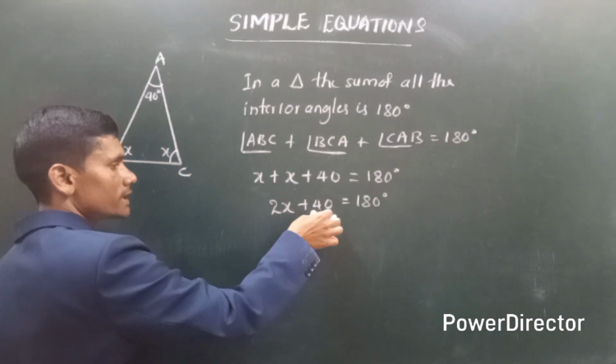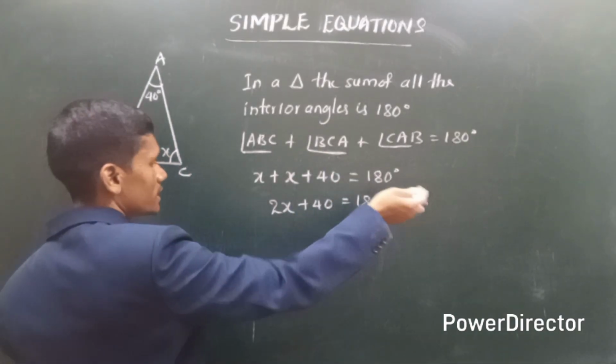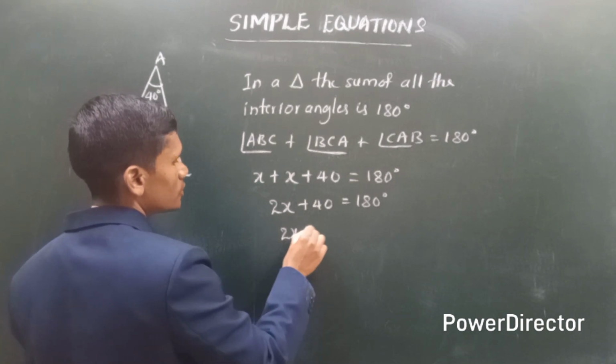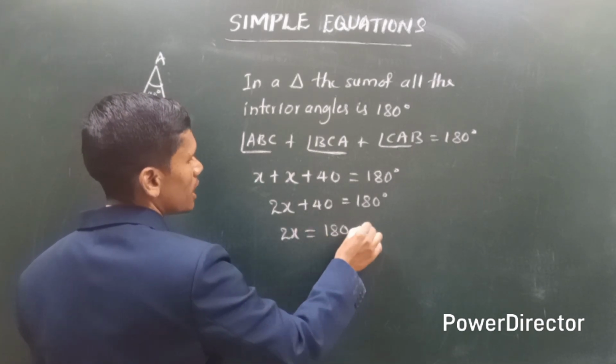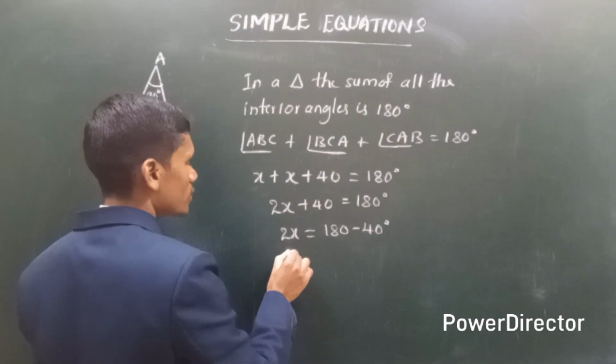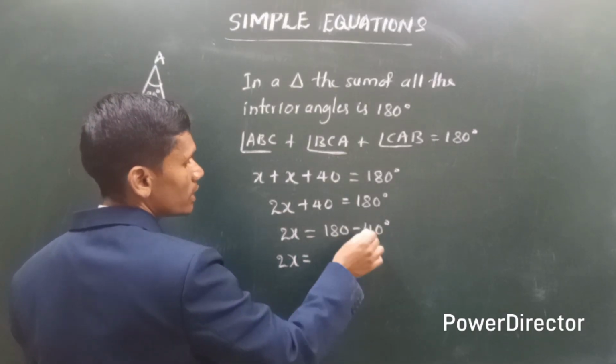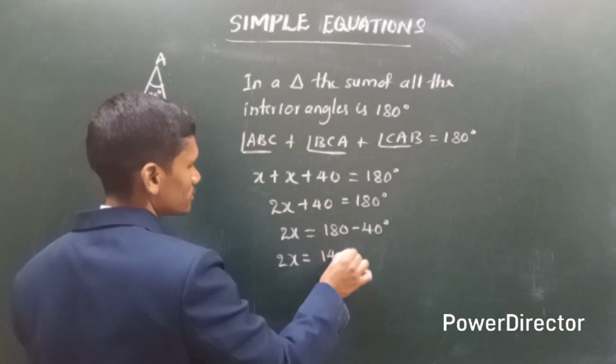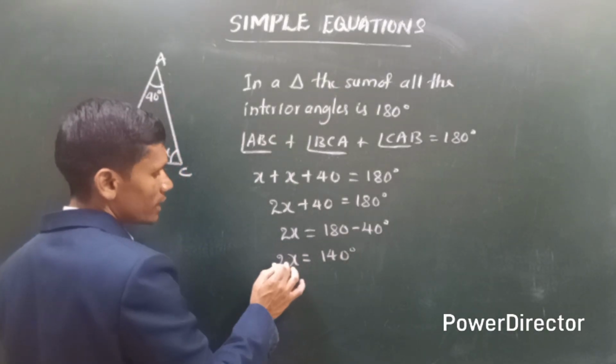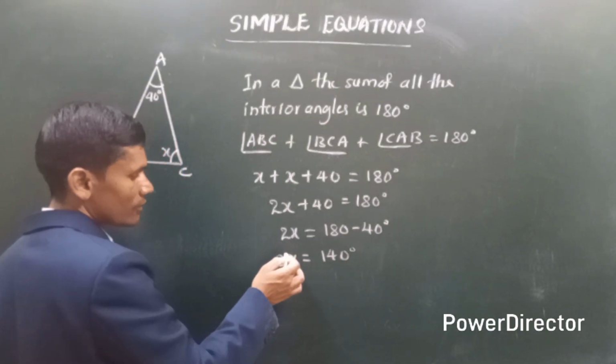Now we don't want this 40 on this side, so shift it to the other side. So 2x is equal to 180 minus 40 degrees, which is 140 degrees. Now we don't want the 2 here, it is multiplied with x.